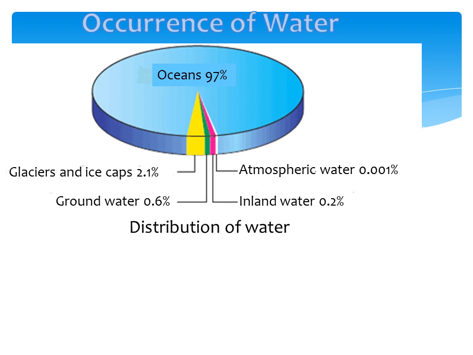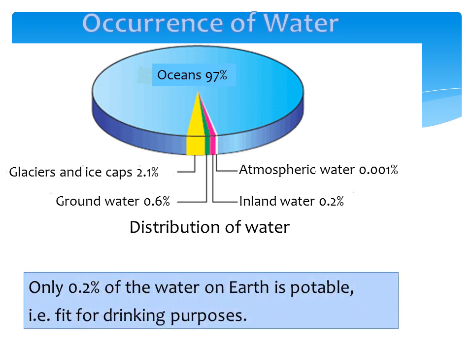Glaciers and ice caps are roughly 2.1% of Earth's water. Groundwater contains about 0.6%. Atmospheric water contains 0.001%, and inland water contains 0.2% of the distribution of water on Earth.